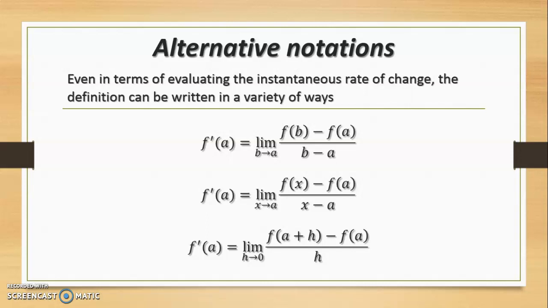And that distance is obviously h itself. So delta x, the change in x, is a plus h minus a, which reduces to h itself. I find that third one leads to a little bit more algebra and more expansion than the first two, but it is quite varied and quite used. So we'll do examples in class where we cover it as well.